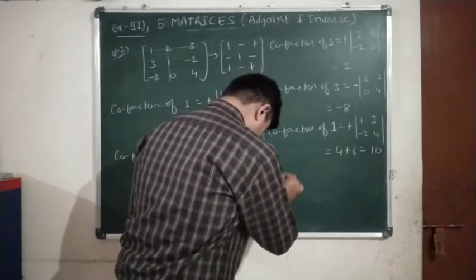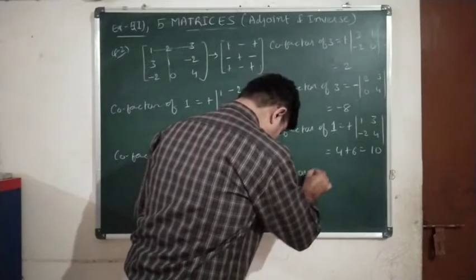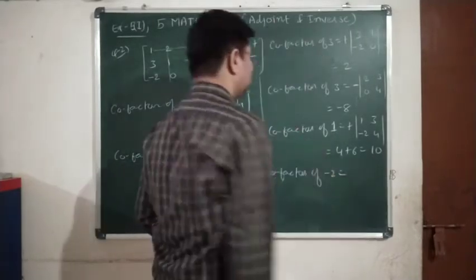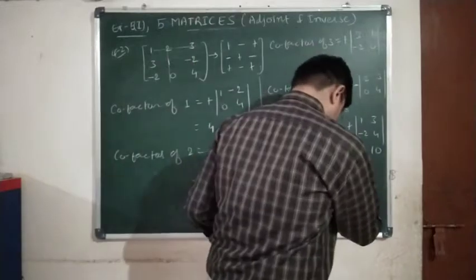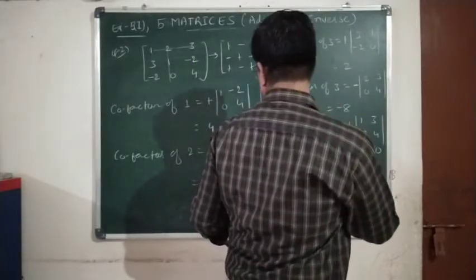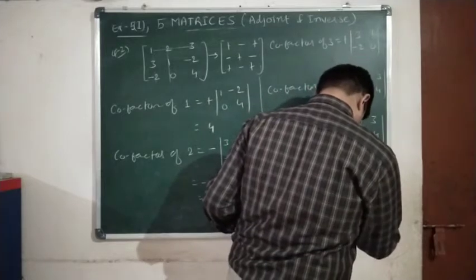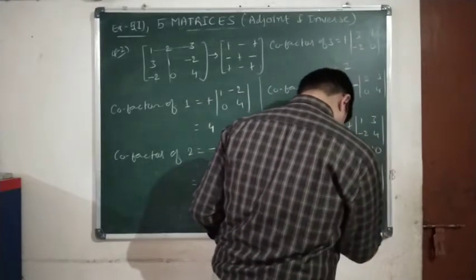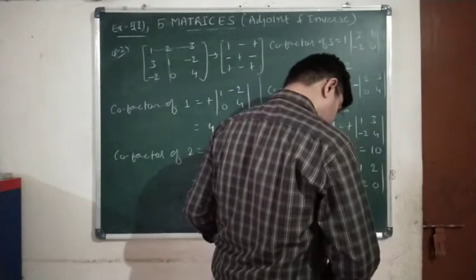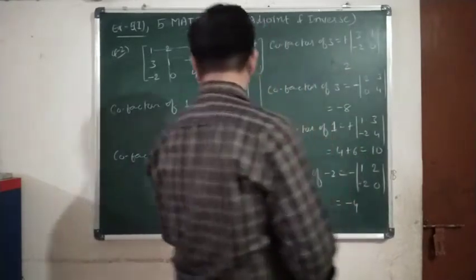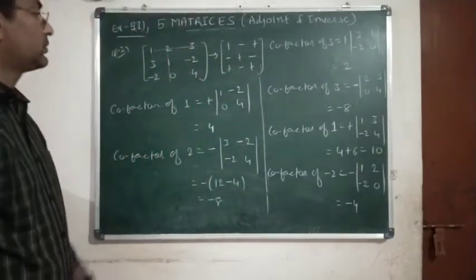Again, cofactor of minus 2. Okay, sign convention is minus. Determinant 1 2, minus 2 0 is equal to minus 4. Okay, so the second row is also complete.